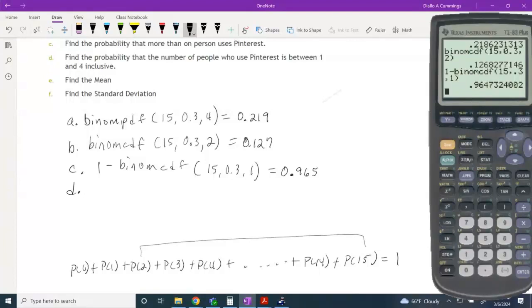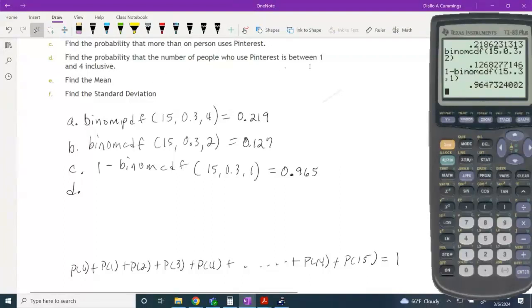Now D is a little bit tricky. Well, I shouldn't say it's tricky, but there's a couple ways you can do D. D says find the probability that the number of people who use Pinterest is between 1 and 4 inclusive.